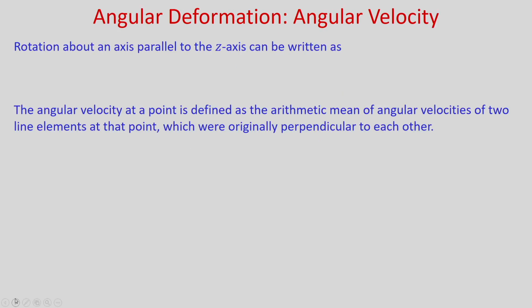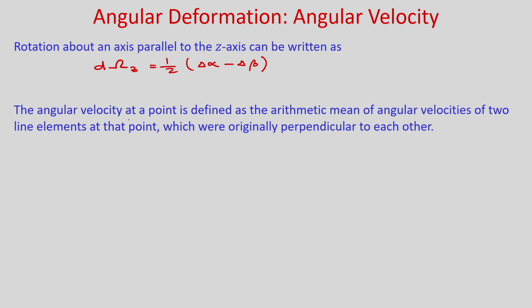Now if we consider rotation about an axis parallel to the z axis, that we can write as d omega z is equal to half delta alpha minus delta beta.